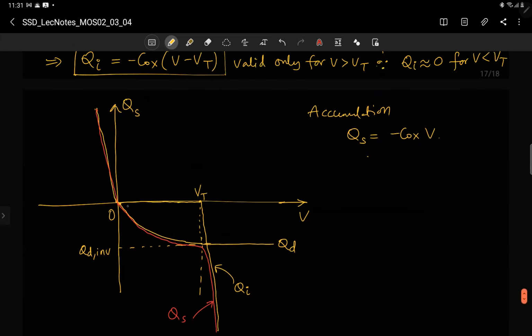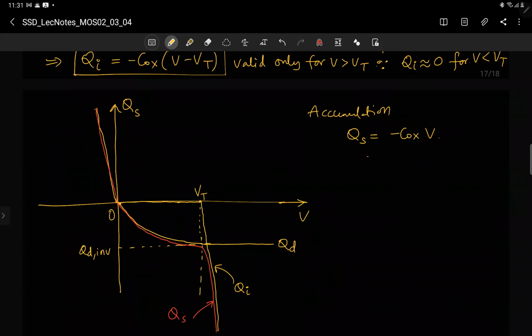Qi is 0 until Vt, and beyond Vt, Qi increases rapidly, at a slope of Cox, which is similar to how it increases in the accumulation, because here also you have a slope of Cox. Qs is minus Cox V, and here it is as if it is shifted right just by Vt.